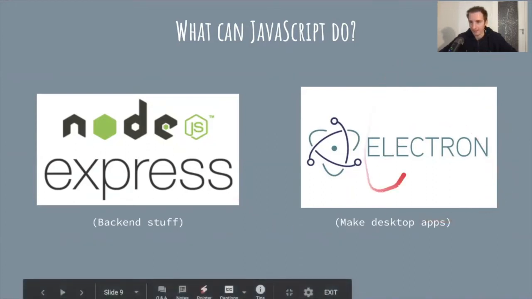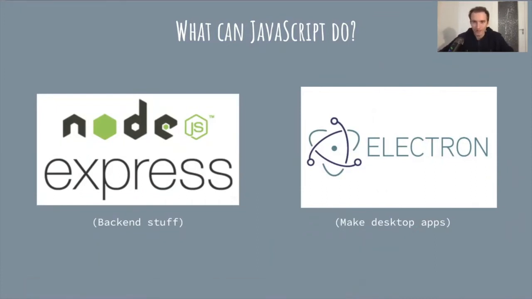And the other example I have here is a framework called Electron, where you can use JavaScript to create desktop apps. So for example, you think about something like Discord or Slack. There's a web app, which is probably written in JavaScript, something like React or something like Angular. Normally, before Electron was invented, if you wanted to make a desktop app, you'd need to completely rewrite your code. You need to make something that runs on a desktop. Maybe you need a separate version for Mac OS versus Linux versus Windows.